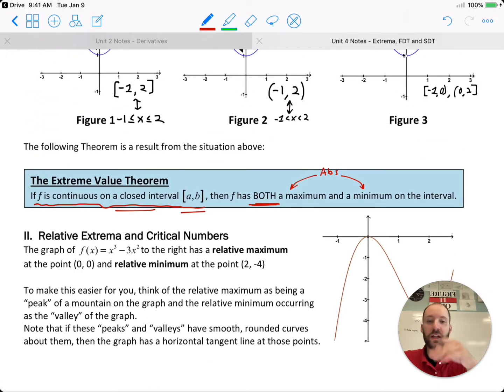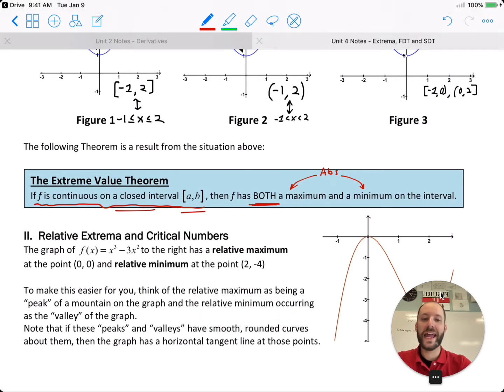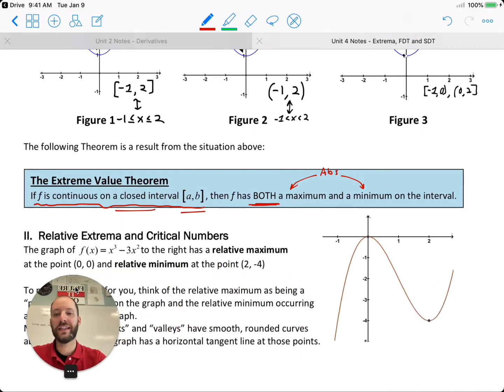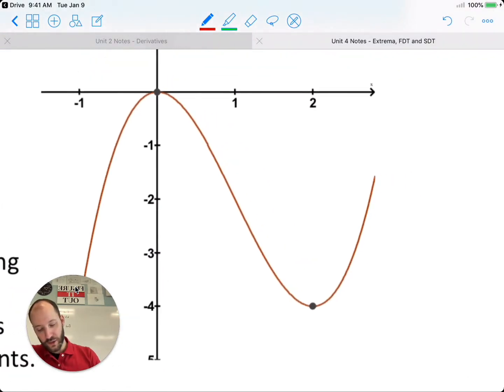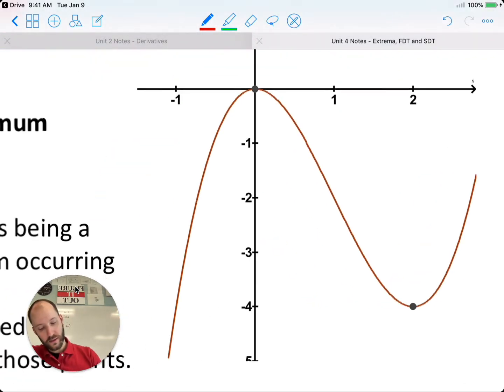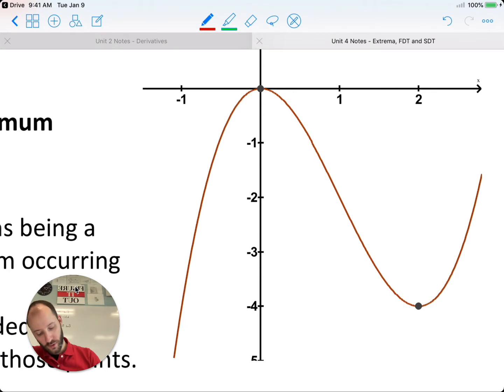Relative extrema, relative maximums occur at a high point, not the highest point, or relative minimums at a low point, not the lowest point. So you can see this graph goes down to the left and keeps going, goes up to the right and keeps going, okay? So that means to the right, the graph is going to keep going up. It's going to be higher than this point right here.